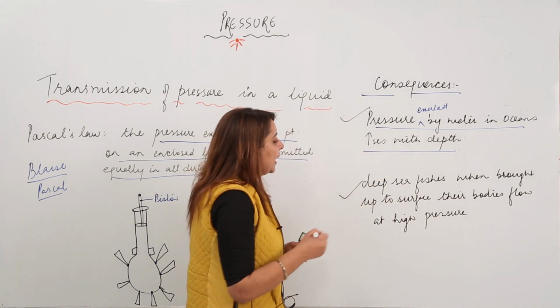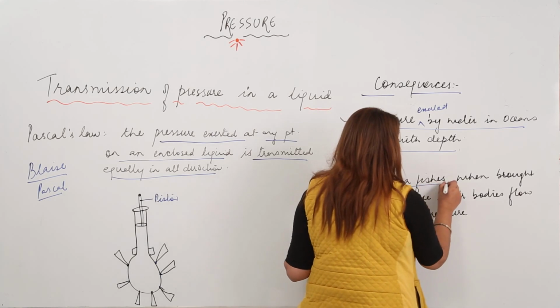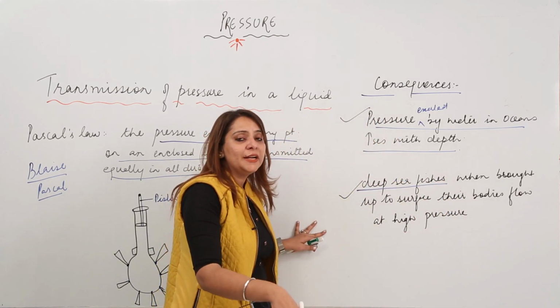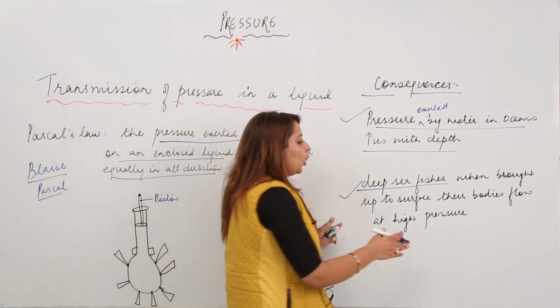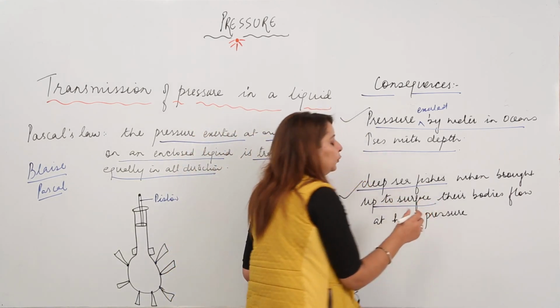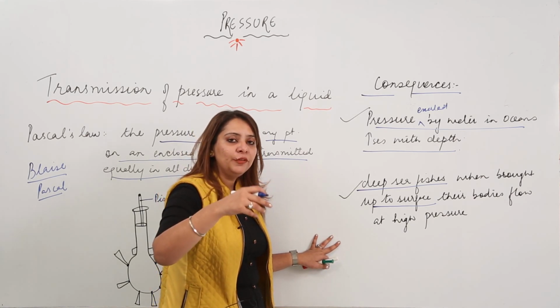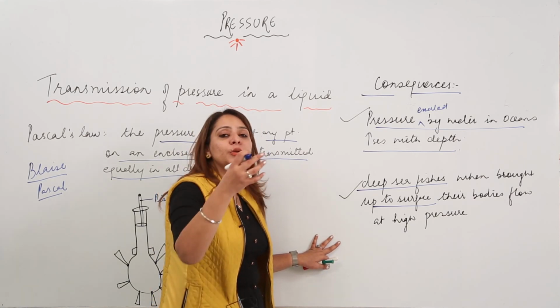Likewise, we know that deep sea fishes dive to much depth. When they are brought up to the surface, we are moving a fish from high pressure to low pressure.